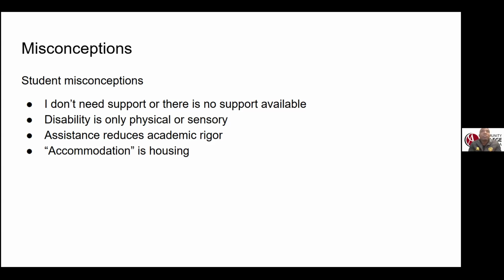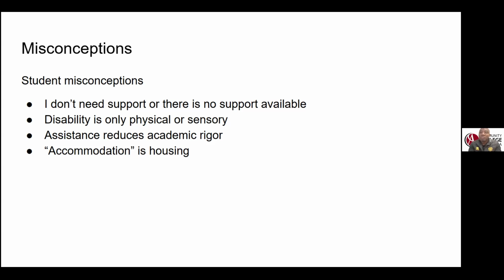And the other bullet point I'm going to talk about is that assistance reduces academic rigor. A lot of people think if I do seek accommodation, that might be noted on my transcript. That might discourage them from seeking accommodation support, because in other countries, once you are labeled disabled, disability in a lot of countries is like a stigma, not something people want to associate themselves with.